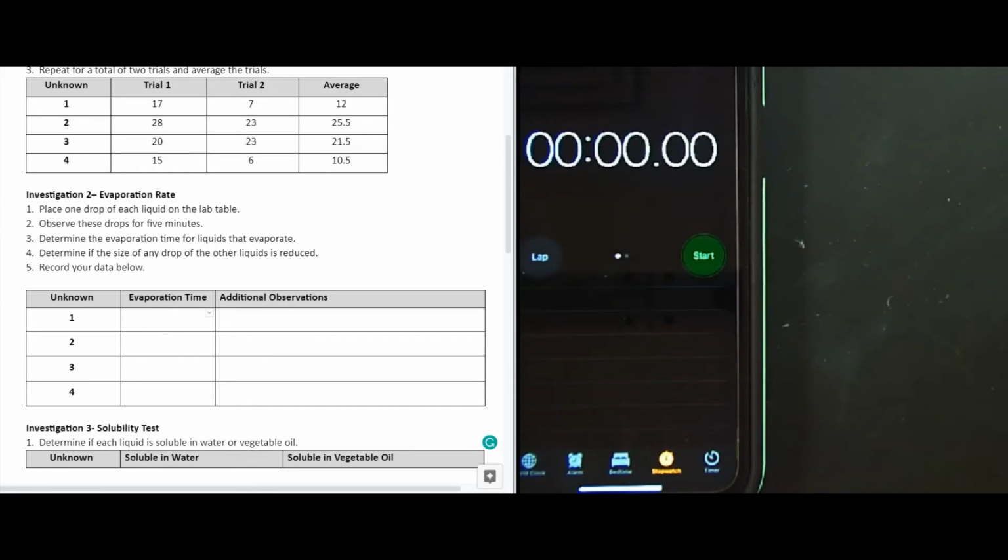So the next test we're going to do is evaporation rate. I'm going to place 1 drop of the liquid on the lab table, and we are going to determine the time that it takes for it to evaporate. So let's start with unknown number 1.